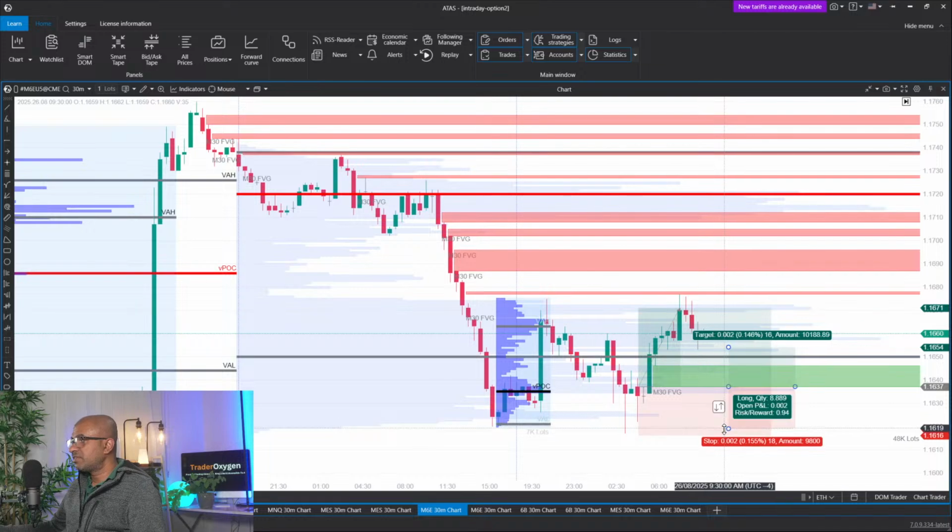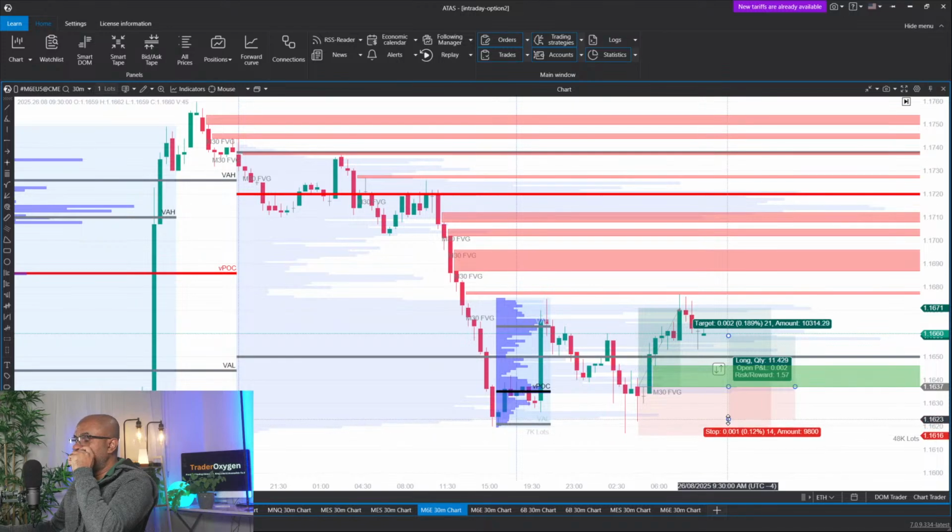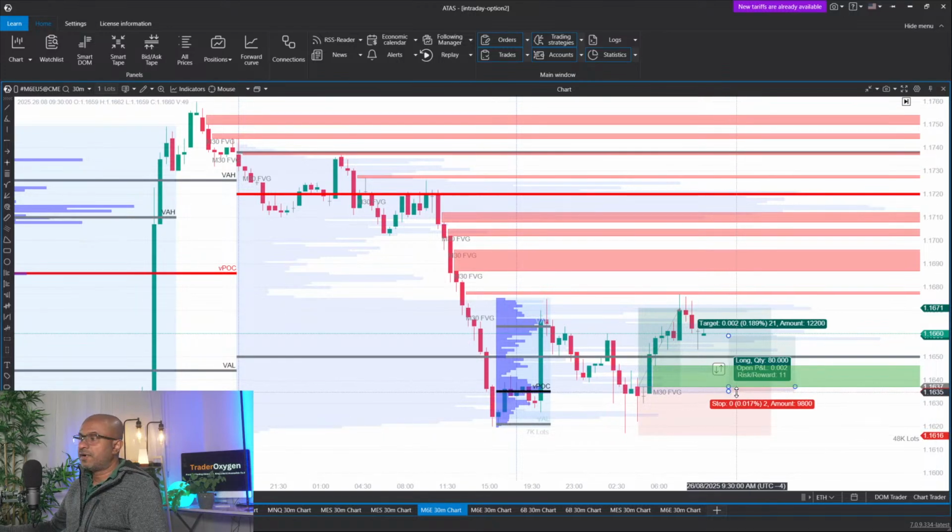But for extra safety, you can place it over here, below this swing low. And what you have to do is take the first take profit at 1-to-1 over here, right? And then after you take the first take profit at 1-to-1, bring the stop loss to break even, right?